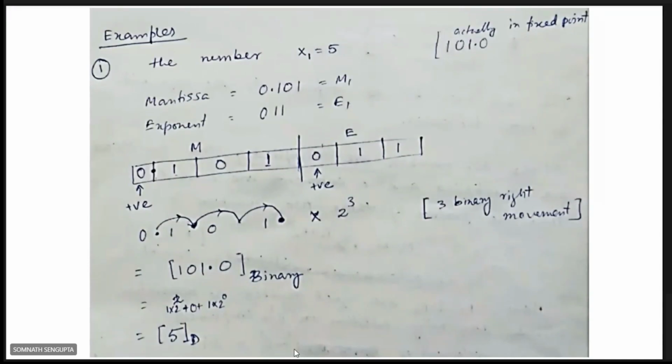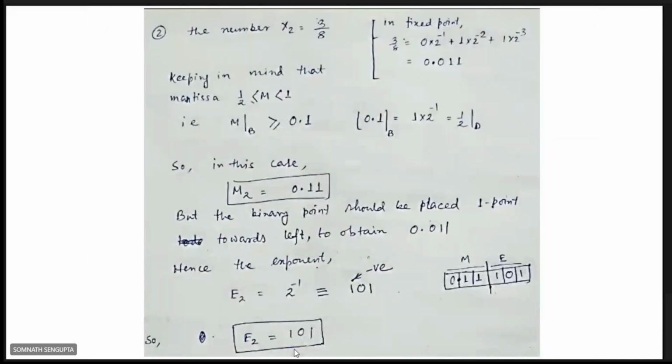Yes, sir. Okay. Then another number we take, that is 3 by 8. How will you represent this 3 by 8 in floating point using Mantissa and exponent?